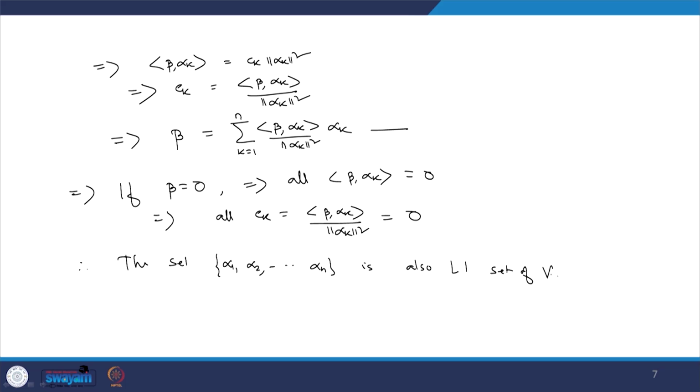And not only that, interestingly, for any vector beta which is a linear combination of the orthogonal vectors alpha 1 to alpha n, the coefficient of each alpha k is the inner product of beta and alpha k by the norm of alpha k square.